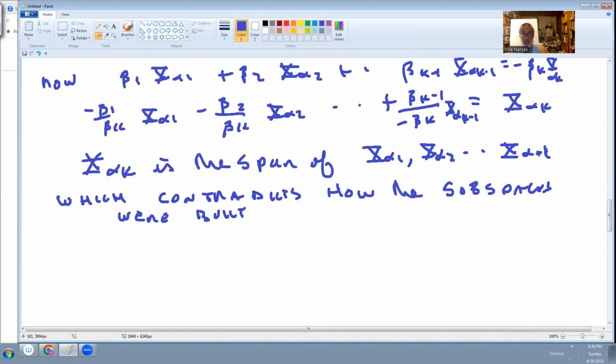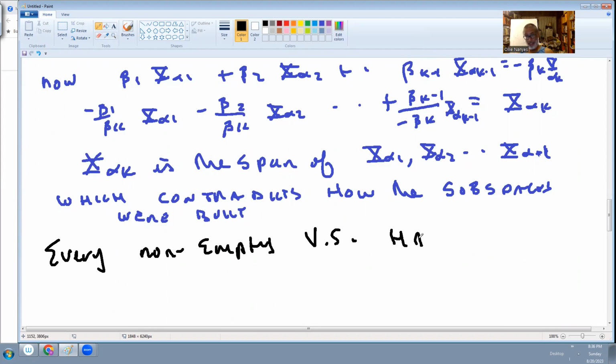So we can conclude that every non-empty vector space has a basis. Okay, so that's a mouthful.